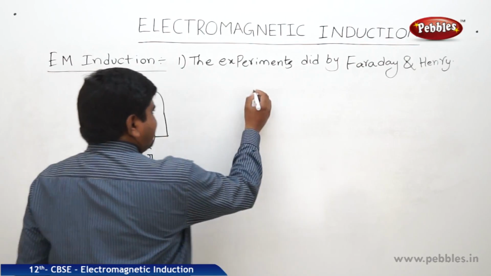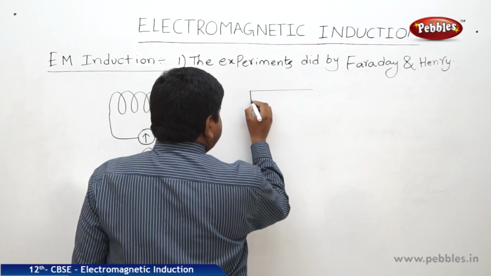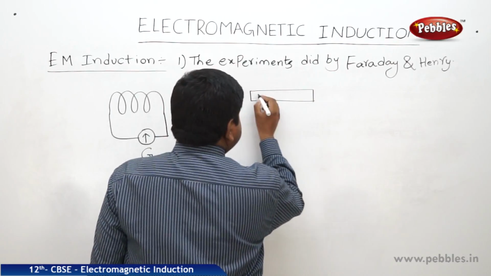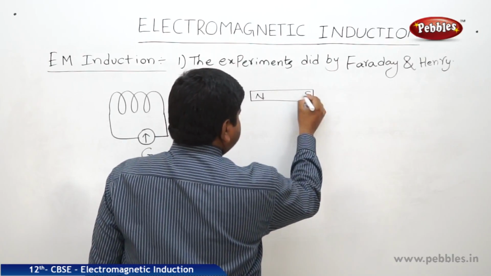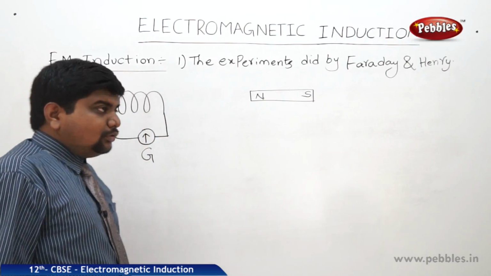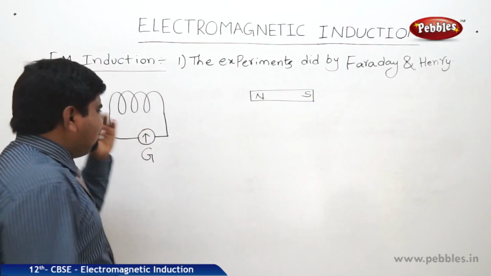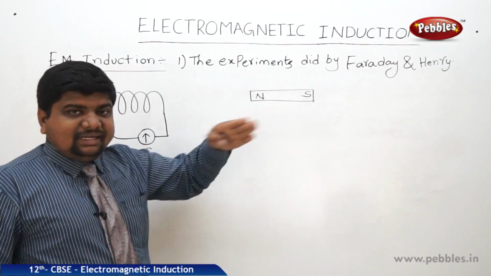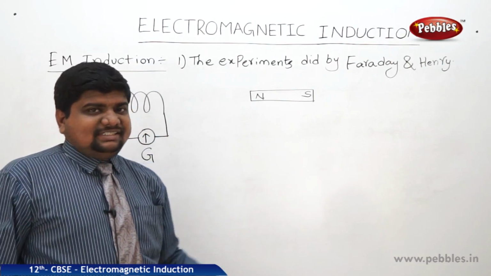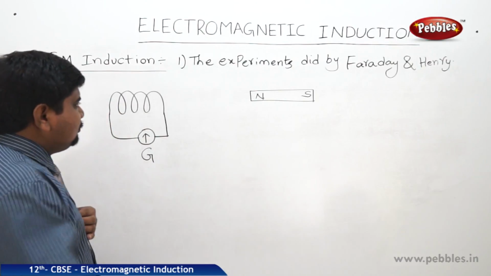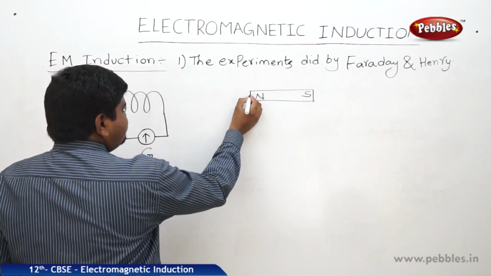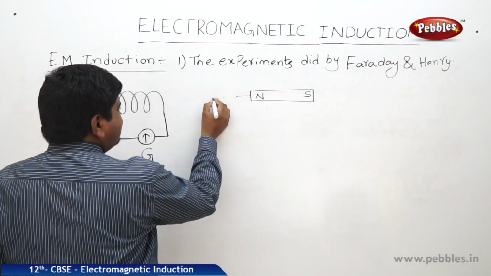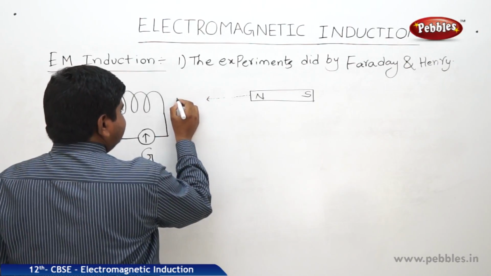Now take a magnet with north and south poles. Initially the coil connected to the galvanometer and the magnet are separated by a finite distance. They moved the magnet towards the coil.